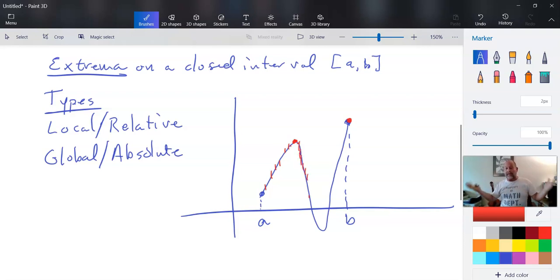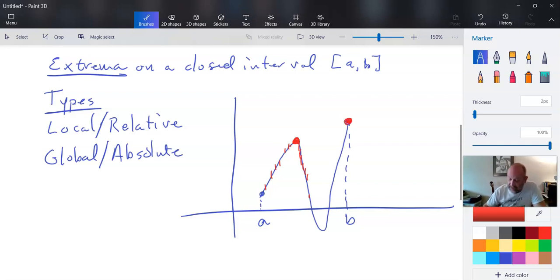So it may not be the largest value in the entire function, but it is the largest value in its neighborhood. And that's actually a math term, a neighborhood. Your book isn't using it yet, but a neighborhood is just some interval around that point, and it can be any size as long as you can find a size that makes it the biggest. Then it is a local or relative maximum or minimum. So this one is local.